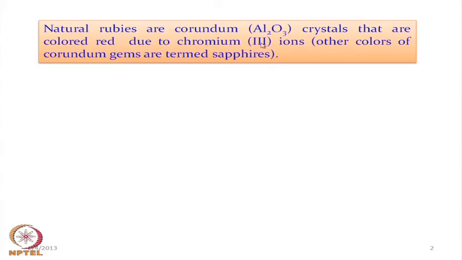When chromium 3 ion is doped within the alumina crystal lattice, we see the chromium is occupying some of the holes or the equivalent sites in this particular alumina structure, and the chromium oxygen bonds are getting lengthened, and the chromium in some octahedral environment gives rise to the characteristic coloration, due to the shape which is determined by the structure of the corundum.